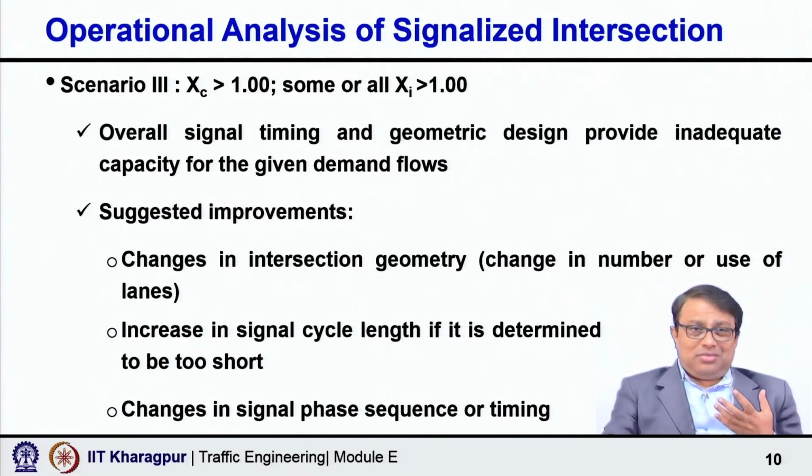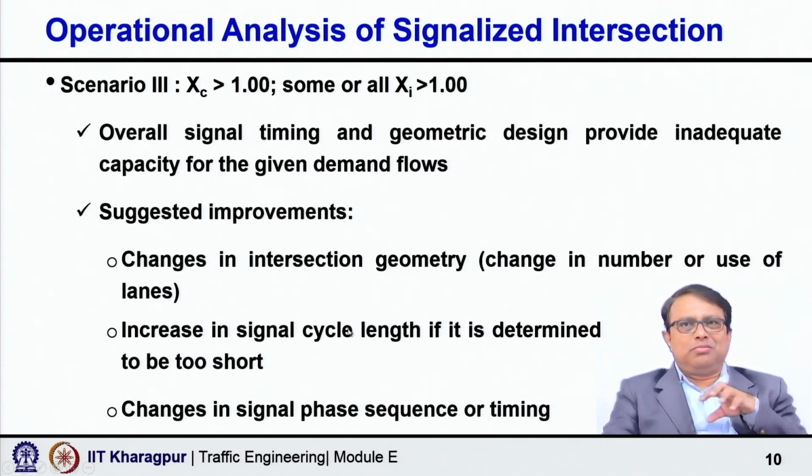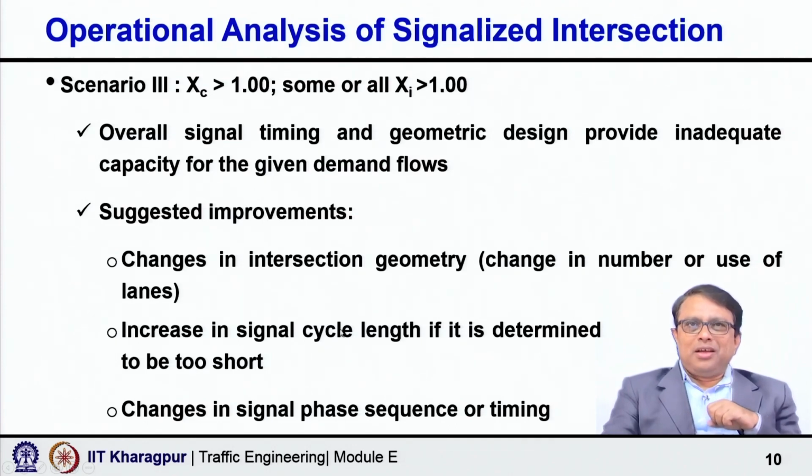So, that is one possibility, or use of lane, the way the present lanes are utilized for through, left turning, right turning, shared, exclusive, whatever, some further changes there to bring down these xi values lower than 1 and also the xc less than 1.